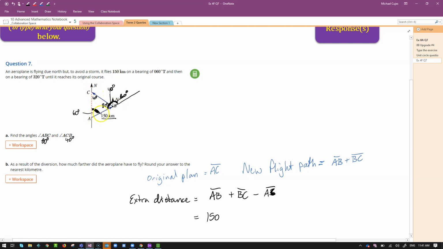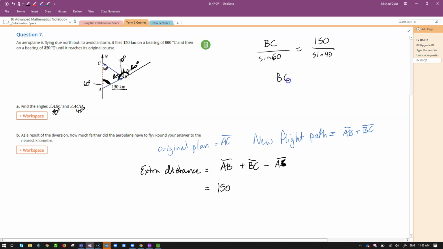And when you've got an opposite angle side pair and we're looking for other sides, I think the sine rule is going to be useful here. So if I'm looking for BC first of all, BC divided by the sine of 60 would be exactly the same as 150 kilometres divided by the sine of its opposite angle, which is 40.